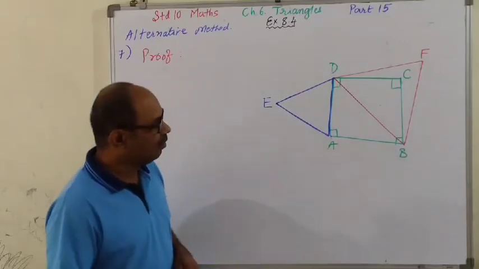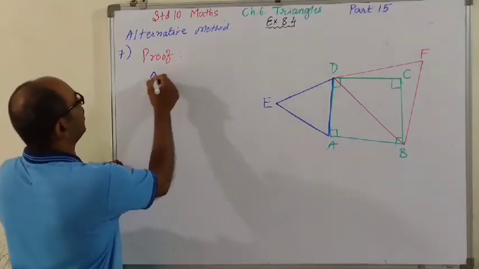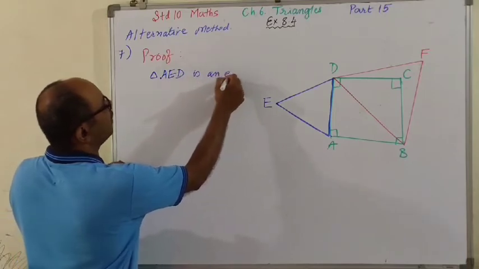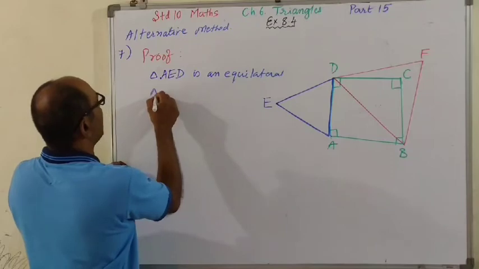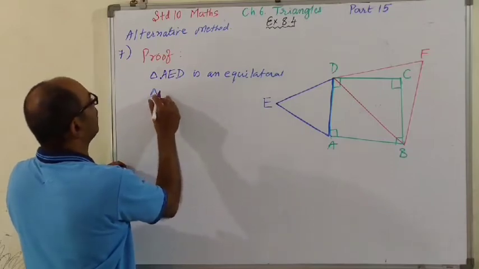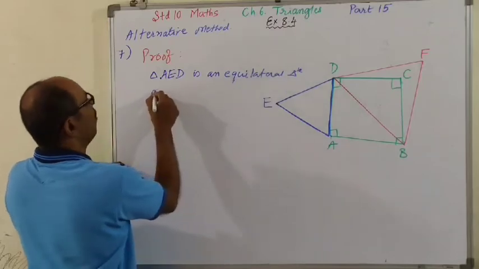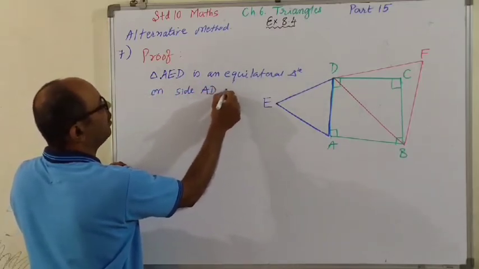Alright, now I'll write this proof. Triangle AED is an equilateral triangle on side AD.